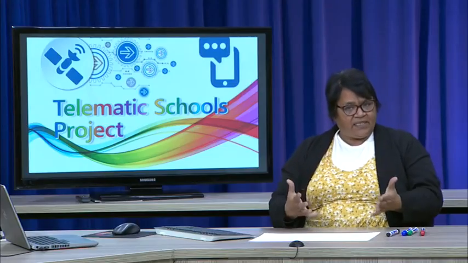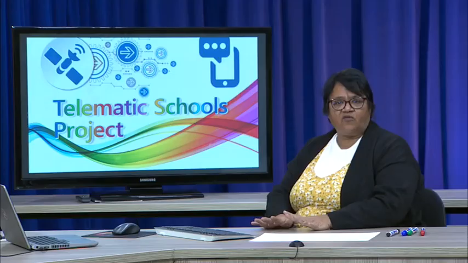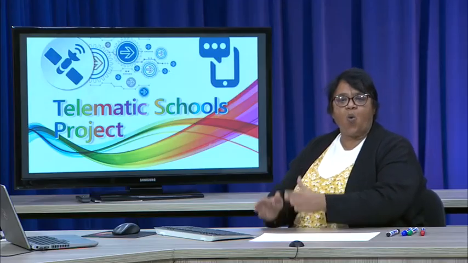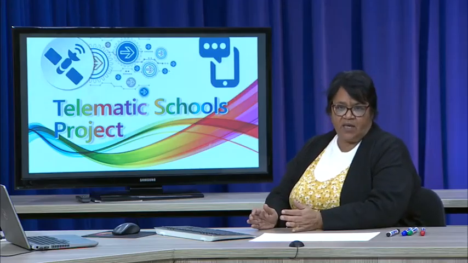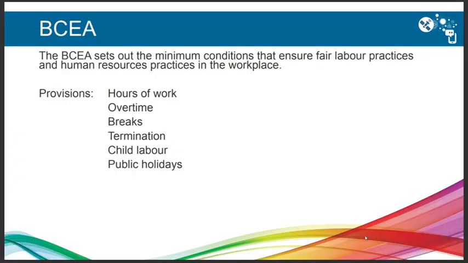So in your BCEA, they will describe or lay out for you what your working conditions will be. Therefore, within this act, they make provision for the hours of work. Now in South Africa, we are supposed to work a maximum of 45 hours for the week. It will state your overtime.